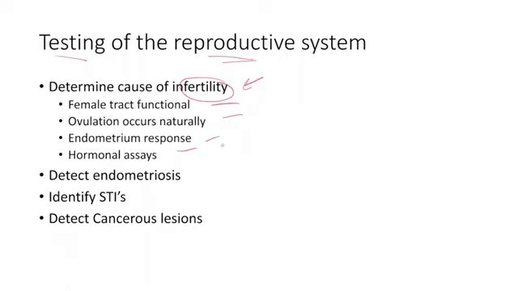Are you able to have normal release of FSH and LH? It takes all of those things into consideration to find out where the infertility cause is. We also need to do it on both sides, so it's not just female. We have to look at FSH and LH, and we've got to look at sperm and see if we're getting that influence.